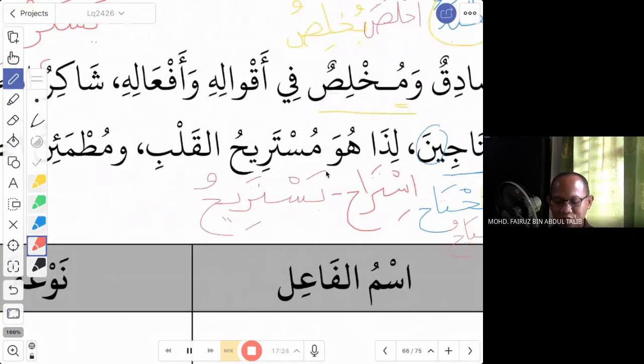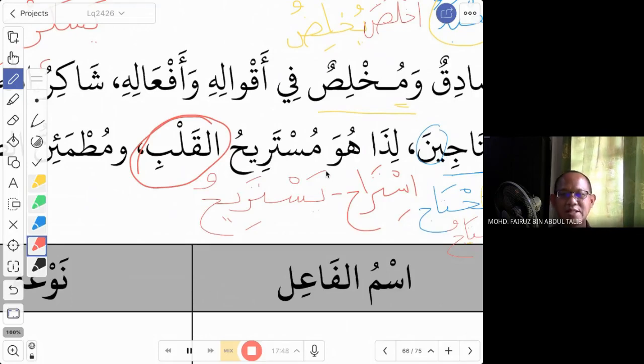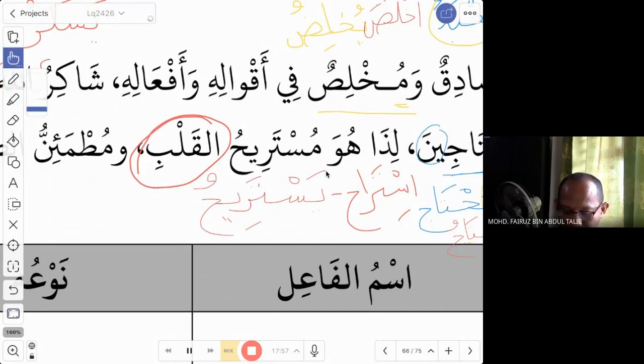So mustari is someone who rests. In this case the one resting is the qalb, his heart. So the translation is: therefore he, mustarihul qalbi, his heart is resting, his heart is at peace, his heart is calm. This is the meaning of the word mustari, another isim fa'il.